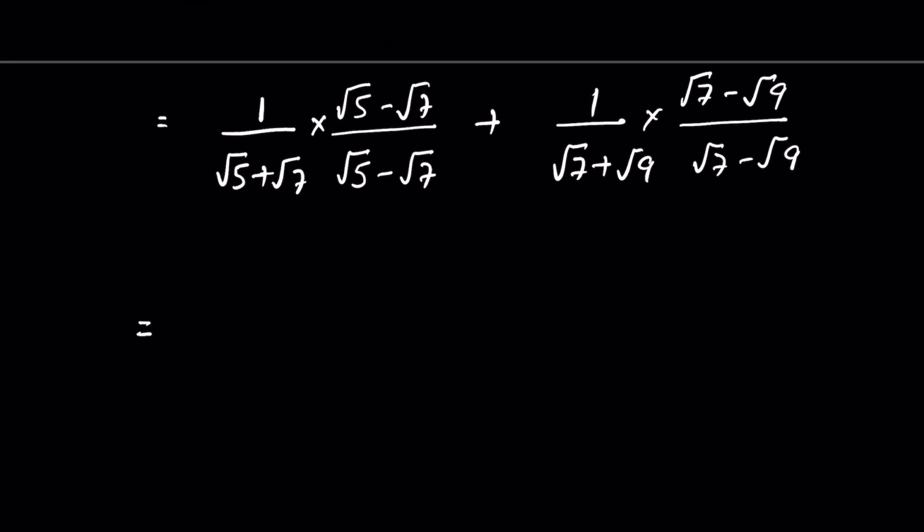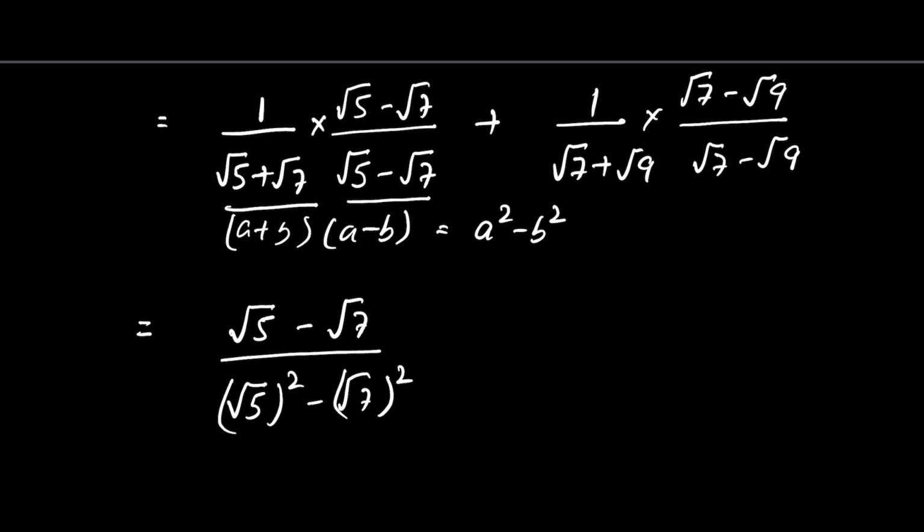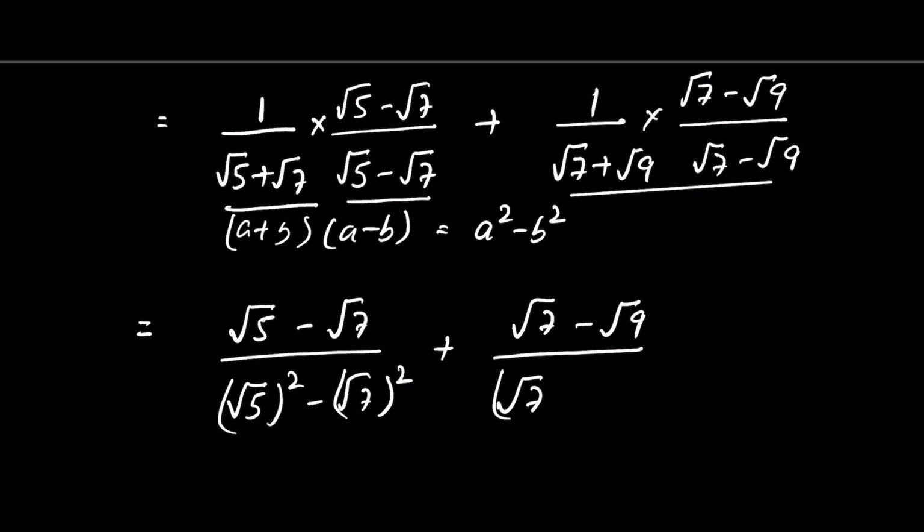So this is square root of 5 minus square root of 7 upon, now this is in the form of difference of squares, a plus b times a minus b, and this we can write as a square minus b square. So we can write it as square root of 5 square minus square root of 7 square, plus square root of 7 minus square root of 9 upon, this is also in the form of difference of squares, so square root of 7 square minus square root of 9 square.